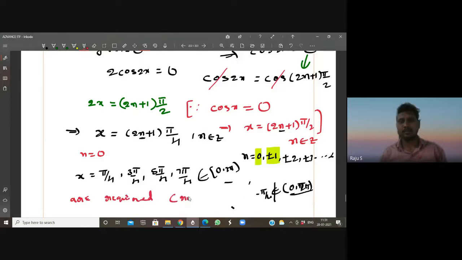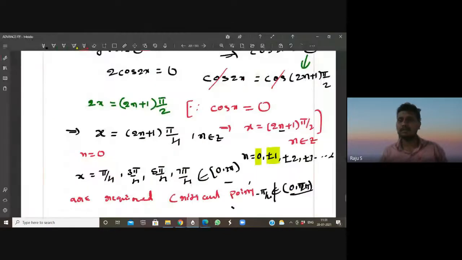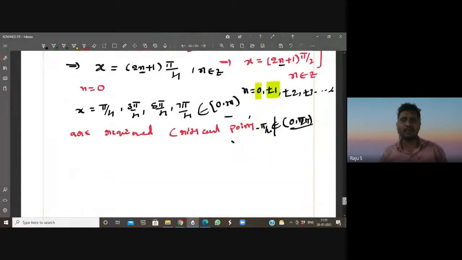The question is: at what points in the interval does the function attain maximum value? Here we got 4 critical values, and at each critical point we have to find the second derivative.